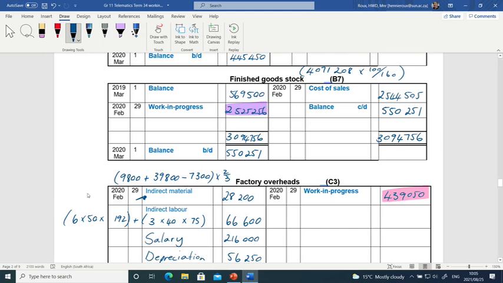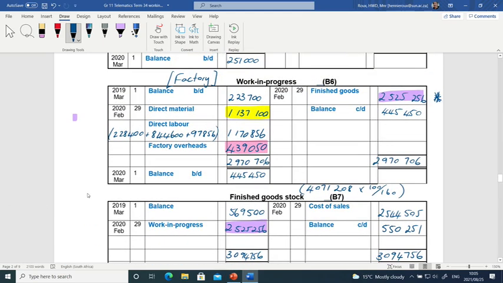Just to take you back to the factory, the work in progress account, we said that direct material plus direct labor, that is your prime cost, plus factory overheads, that is your total cost of production.